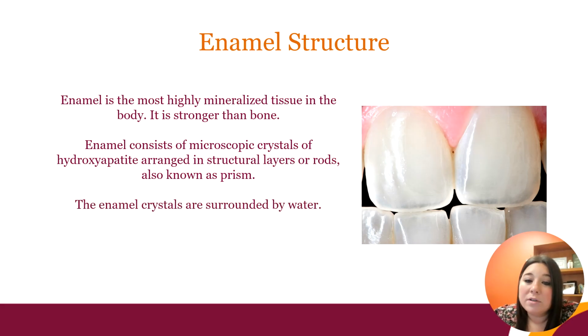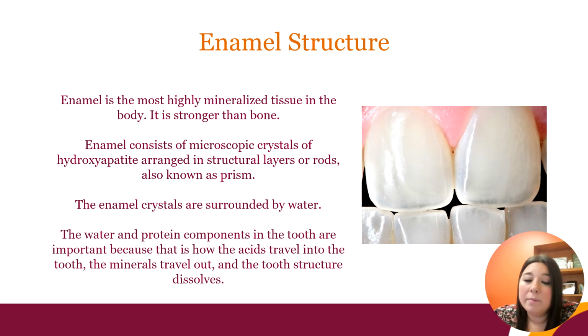The enamel crystals are surrounded by water, and the water and protein components in the tooth are important because this is how the acid travels into the tooth. The minerals travel out and the tooth structure dissolves. So when acid is present, it enters through those prisms, and in turn the minerals are forced out and the tooth structure dissolves. So that can really cause decay to appear rather quickly.